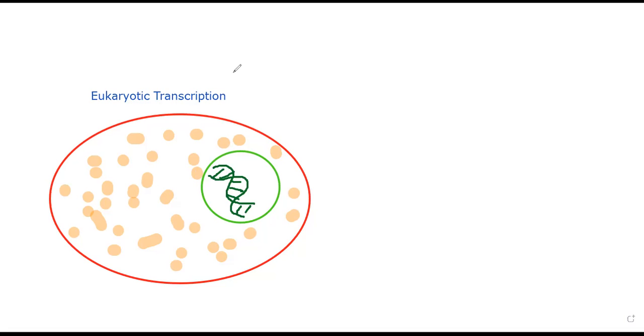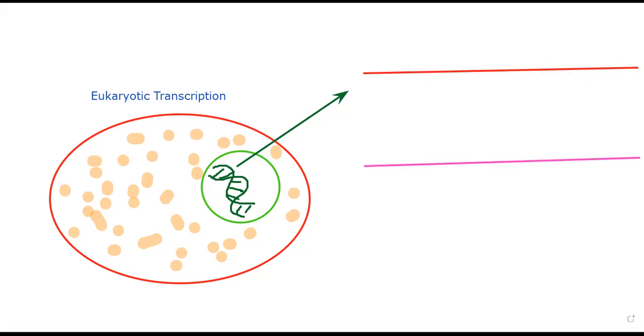Well, now I'm going to explain eukaryotic transcription. You are not going to face any difficulties in this because you already studied the prokaryotic one. So this is not going to create much difference with respect to the previous case. I just took this DNA from the nucleus to outside so that I can show you how transcription works for eukaryotic cells.